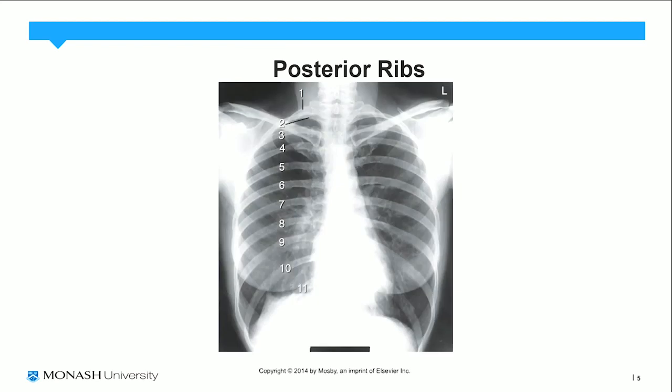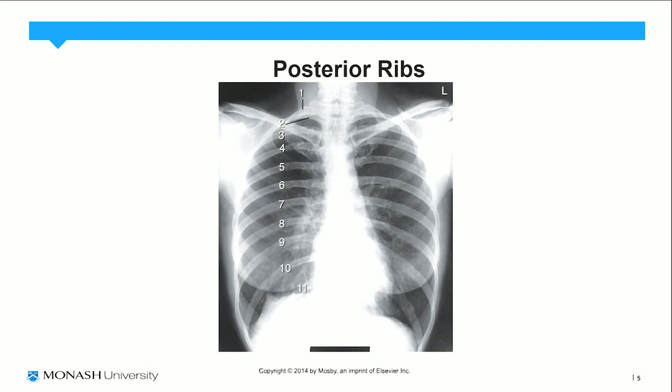So to be able to count the posterior ribs on a normal radiograph with good inspiration, you should have about 10 to 11 posterior ribs that you can see above the diaphragm. To distinguish between the posterior and the anterior ribs, remember the posterior ribs go right up to the vertebra.